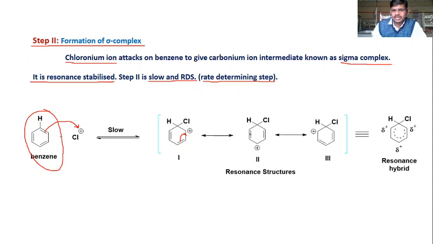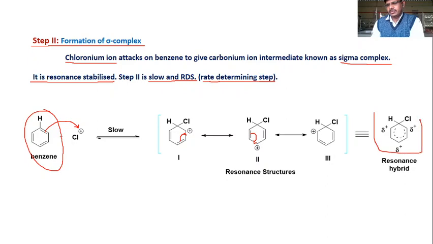Now what happens over here? This double bond again moves in between these two carbons, and this positive charge shifts onto this carbon. This type of three resonating structures forms in the reaction. Previously also we have seen that these resonating structures were formed in the sigma complex step, and all these three resonance structures are summarized into this type of hybrid resonance structure.